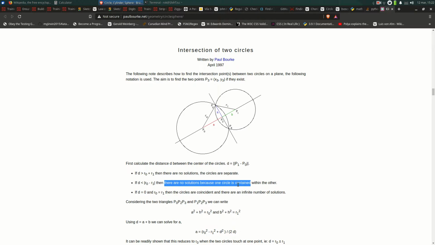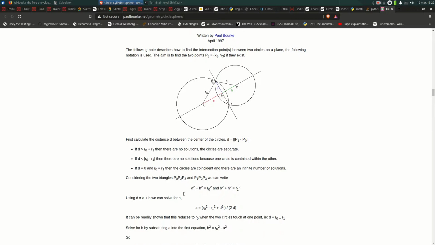There are no solutions because one circle is contained within the other. Then if D is 0 and circles are coincident, there are infinite number of solutions.